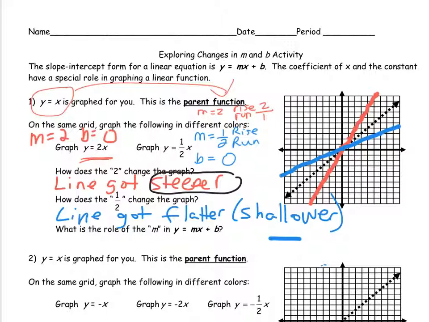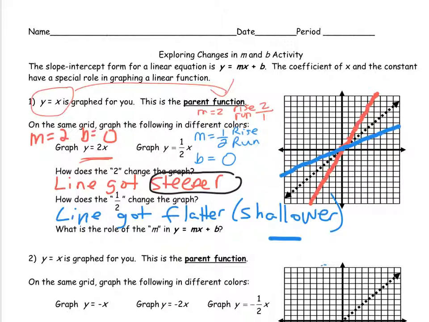Okay, so based on that, if you notice, our B never changed. We always had a B of 0. So all of these lines, this family of lines, all we were looking at was what happens when we change the slope. Well, as the slope got bigger, so that's our red line, our line got steeper. And as our slope got smaller, our line got flatter, got closer to laying down to 0.